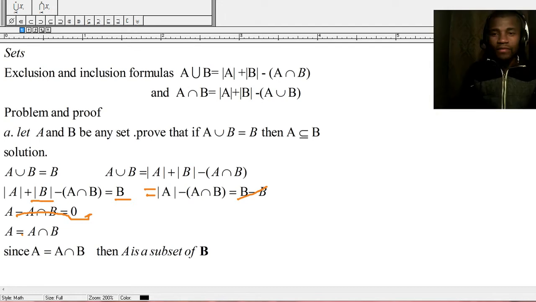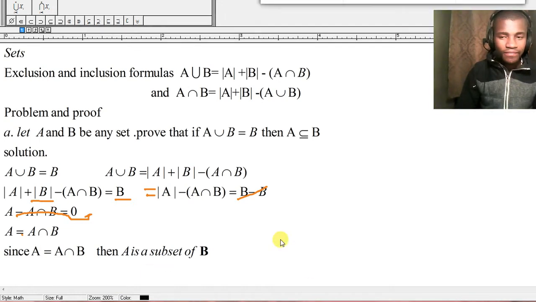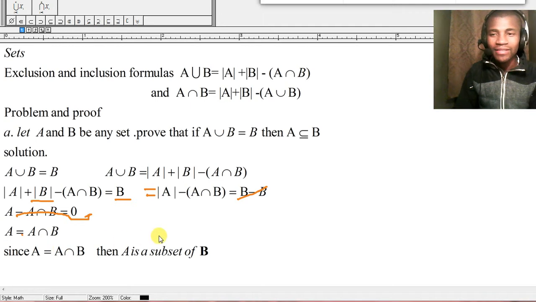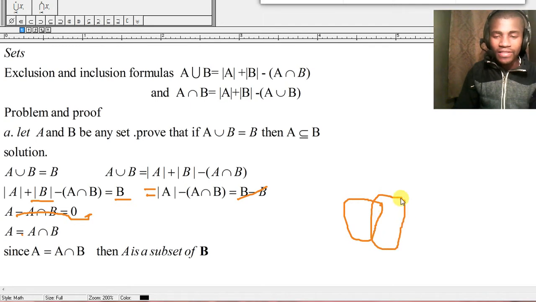Okay, so let me just draw that so that you guys can get the concept. So this is saying A is equal to A intersection B, then it's saying A is a smaller part that appears in the intersection between A and B. So this is what the whole thing is saying, because the intersection happens between the two sets.